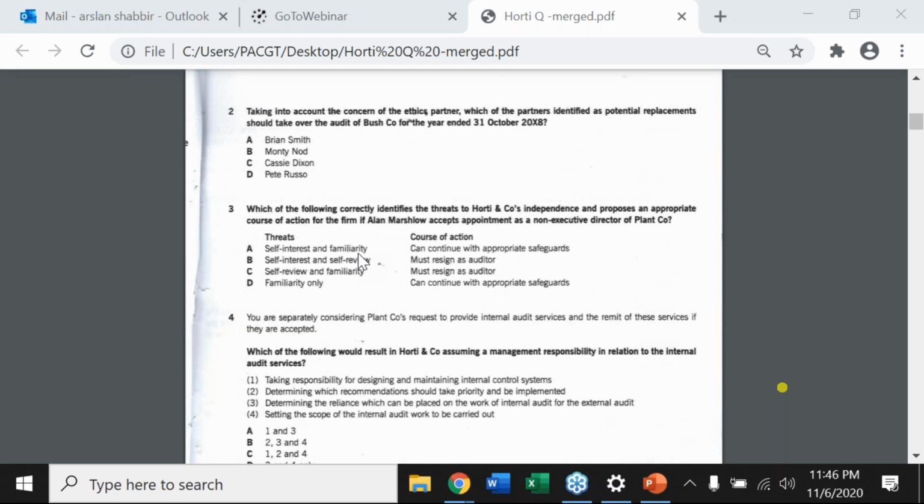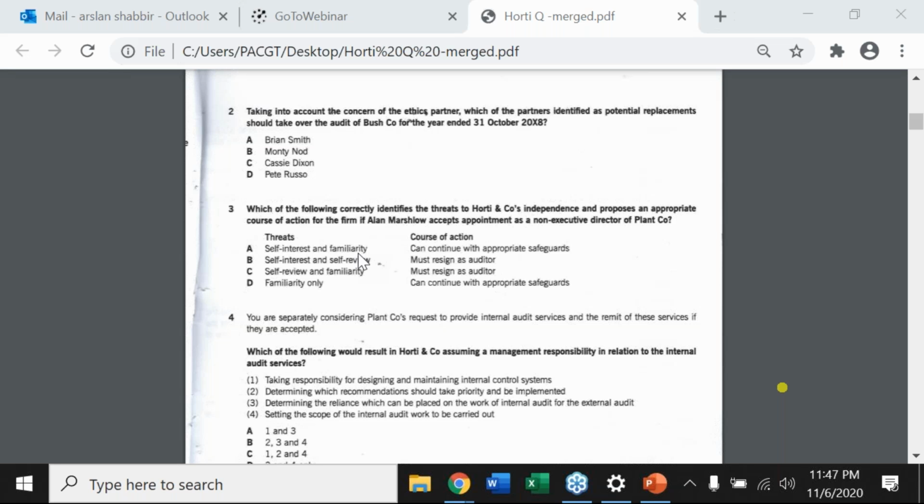It is mentioned in your BPP textbook that no partner of the firm should serve as a director of an audit client, and as such, Houghty and Co. should be seen to act. So there is only one option remaining.